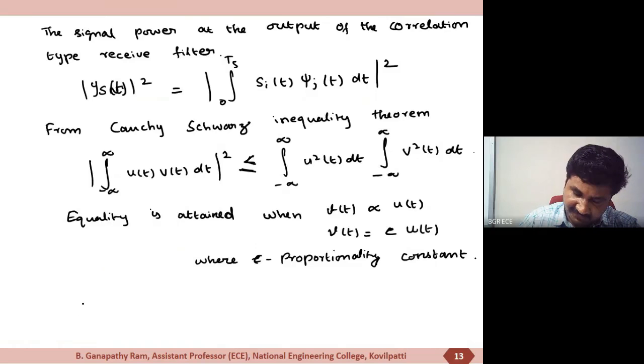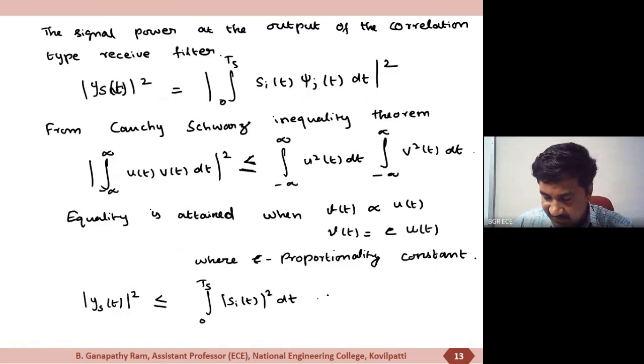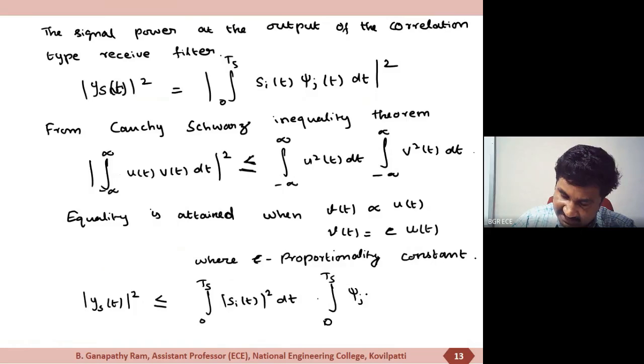So if we apply this to the signal power, then ys of t the whole square will always be less than or equal to integral over ts si of t the whole square dt into integral over ts psi j of t square dt.